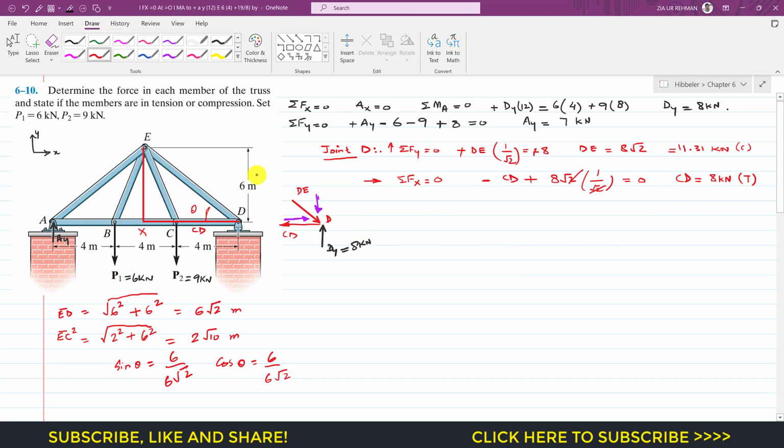Now we will consider joint C. So at joint C we will have that CD force is the tension force, so it must act away from this joint C as well.